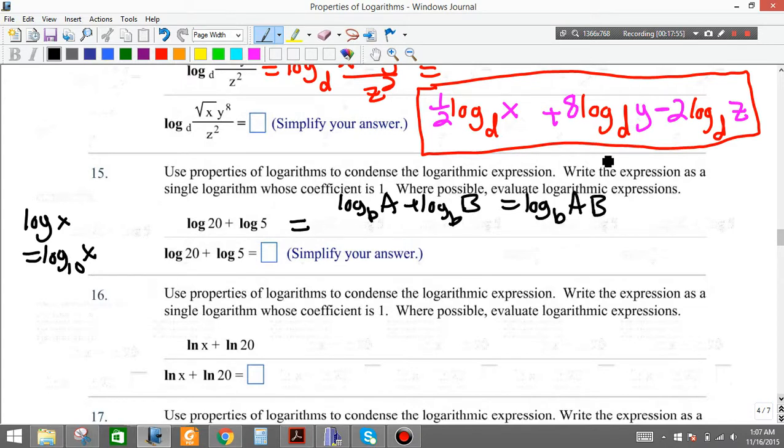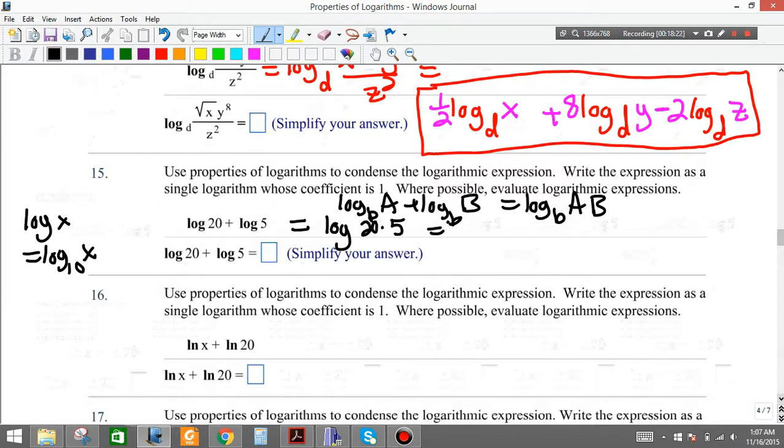Before we were expanding logs, now we're going to bring logs back together. Here I'm provided with 2 logs, 1 log here and another log here. And this rule says that I can write them as 1 log, because if earlier we said that the log of multiplication means the addition of 2 logs, this of course means that the addition of 2 logs turns into the log of multiplication.